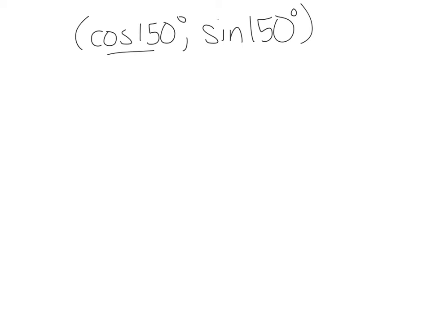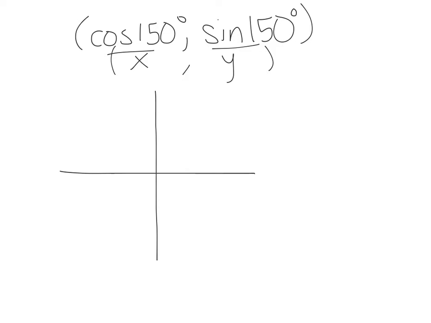You also need to know how to use the unit circle to find exact values. So if you want to find cosine of 150 and sine of 150 degrees, remember, cosine refers to the x-coordinate and sine refers to the y-coordinate. I set up my 150 degree angle, starting right here and going up counterclockwise 150 degrees, 30 degrees short of 180.